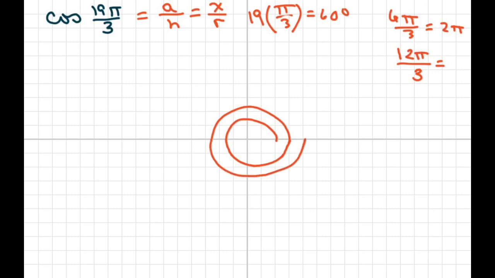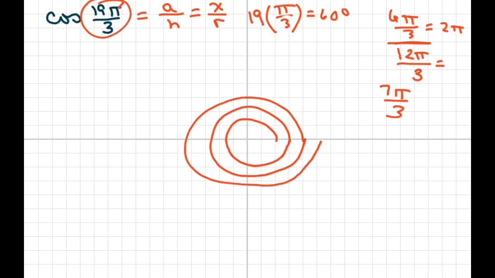So now we're left with 7 pi over 3 from that. So I need 7 more 60s. Well, I can still go around again. If I go all the way around again, I'm at 6 pi. This is 4 pi. And now I only have 1 pi left.